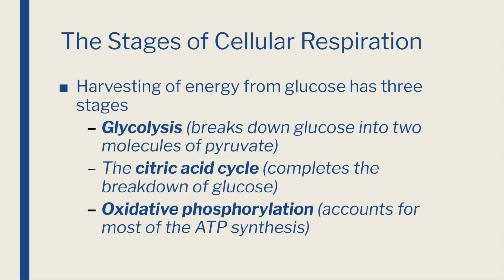Some places you'll see it as pyruvate, some places as pyruvic acid. The second stage is the citric acid cycle, and that completes the breakdown of the glucose molecule. And the final stage is oxidative phosphorylation, and that's where the majority of the ATP is made.